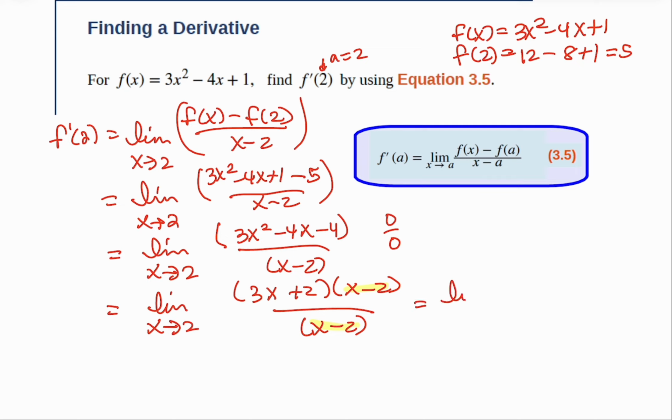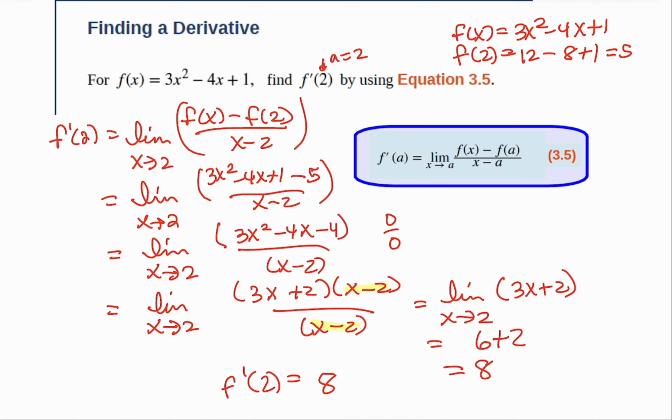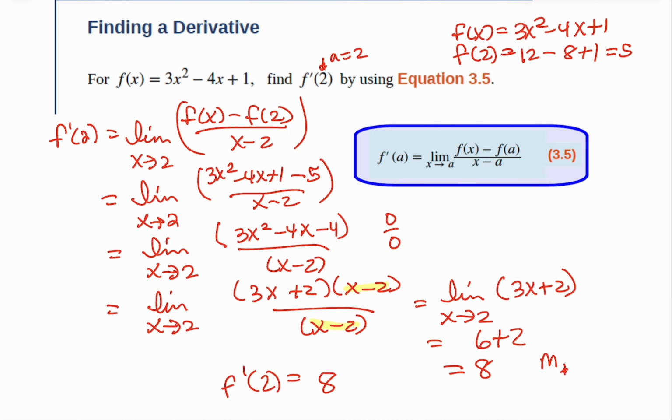So we can just take the limit as x approaches 2 of 3x plus 2. Now that function allows us to use direct substitution, so we can just plug in 2. We get 6 plus 2, or 8. So I know that the derivative at 2 is equal to 8. I can also say that the slope of my tangent at 2 is equal to 8. They mean the same thing.